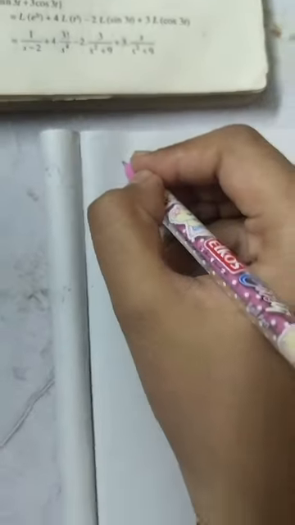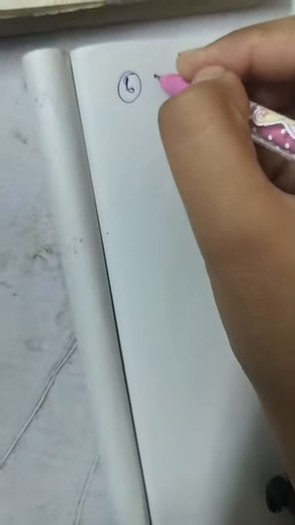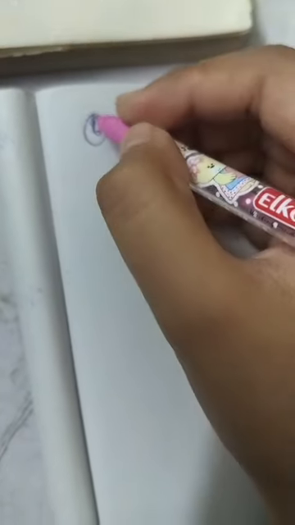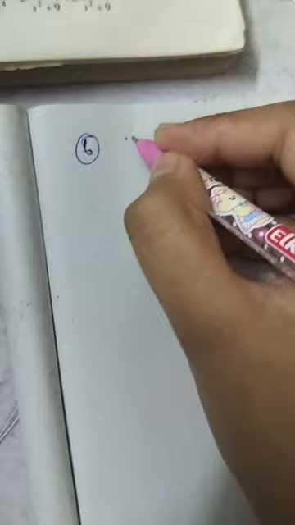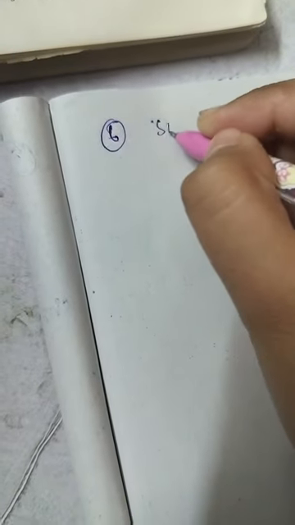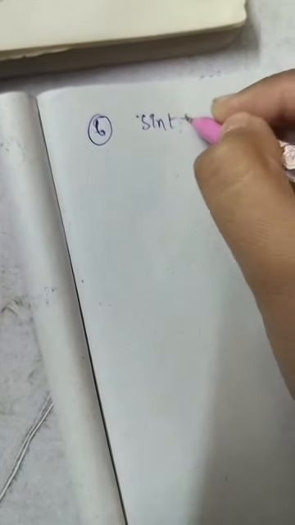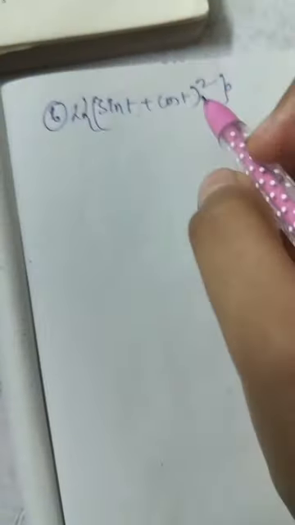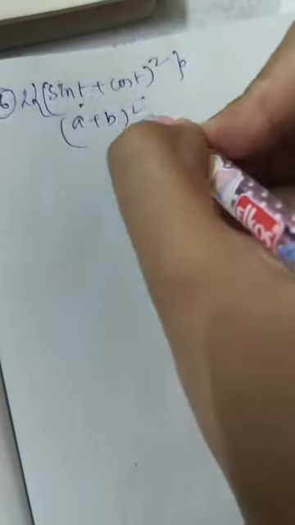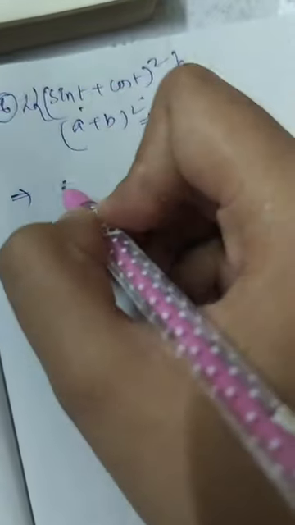Now coming to the next question, the 6th one. Sin t plus cos t whole square, Laplace transform. Now we know the a plus b whole square format. Now we will do this.